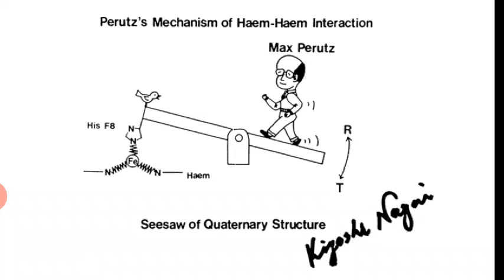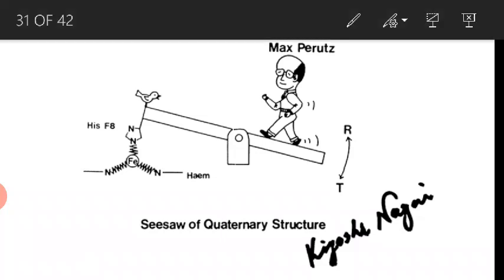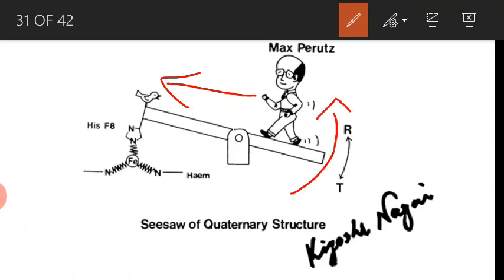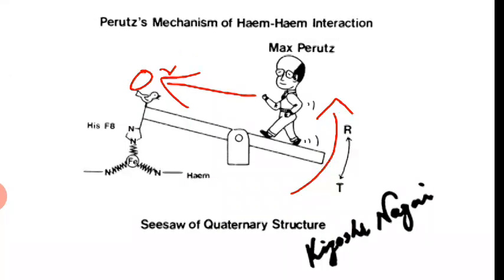If it moves, this seesaw may turn upward, and then this histidine will touch the ground, and oxygen will be bound to hemoglobin, which becomes R state. So it is just to understand how this oxygenated hemoglobin is in R state, and deoxy form is in T state.